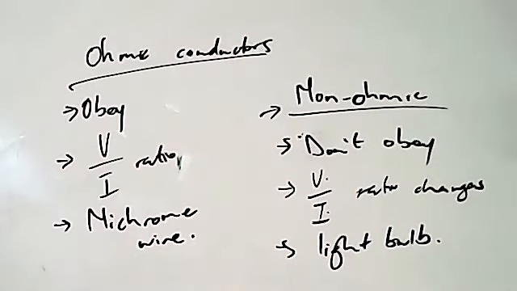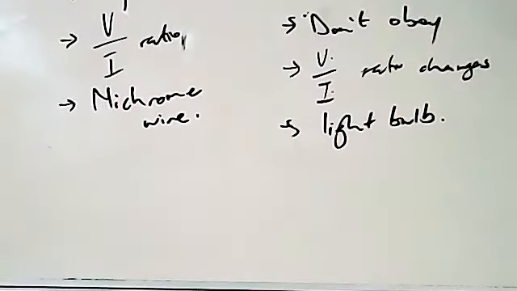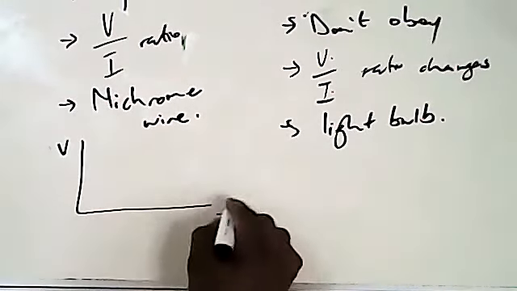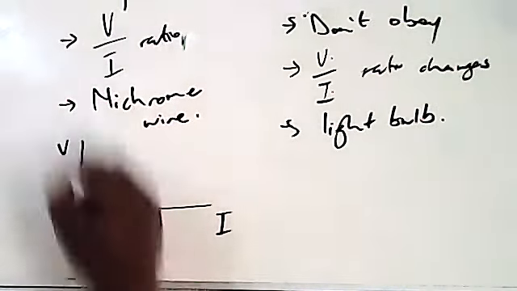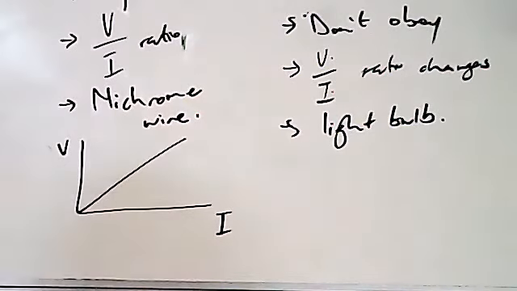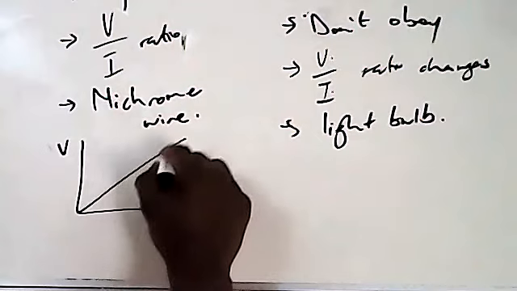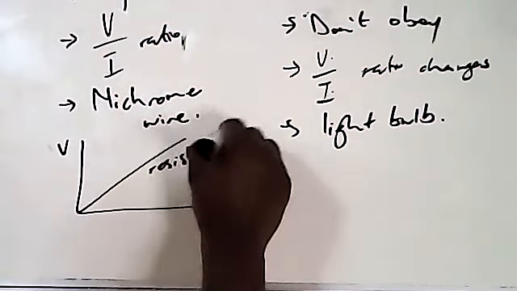Another important thing you have to know between the two is, in terms of the graph, because in physics they like graphs, let's say they compare voltage with current. For ohmic conductors, they will have a straight line. This gradient is for resistance, right?